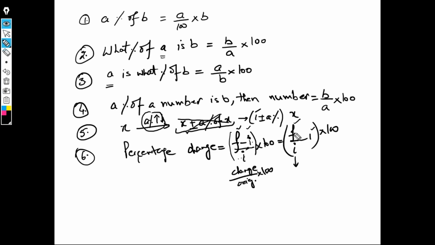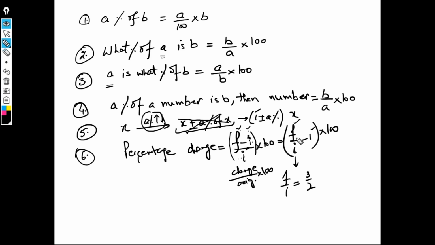Also, whenever we are required to compute percentage change, we are not always required to have the final absolute and initial absolute value. In any case, if you have the ratio among final and initial values, you can still compute the percentage change. Like if I say that the ratio between final and initial is 3 is to 2, right?